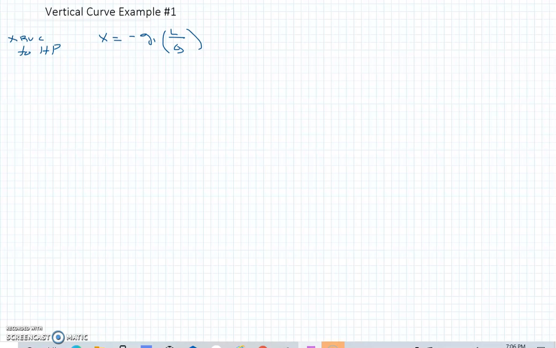So this will be equal to minus 3 divided by 100 times 800, divided by minus 5 minus 3, divided by 100, to convert everything to decimals.